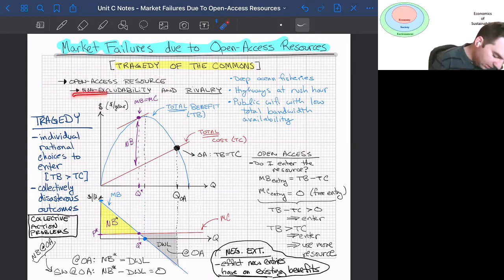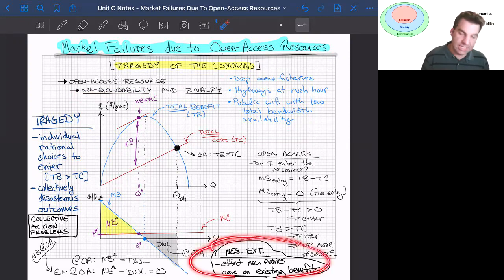So it's the excludability that's really the problem here. There's lots of resources that have rivalry, but if they're privatized, that usually takes care of them. So the closer and closer you take a rivalrous resource and move it towards a privatized resource, a lot of times you get rid of these problems because you end up effectively internalizing this ugly negative externality.